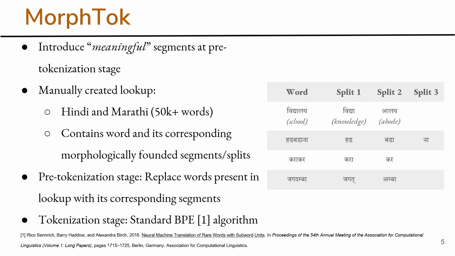During the pre-tokenization stage, we replace words present in the lookup with their corresponding segments, followed by the standard BPE algorithm. By introducing linguistically meaningful segments before applying BPE, MorphTok produces tokens that are more interpretable and can help in reducing the fragmentation often caused by the BPE algorithm.